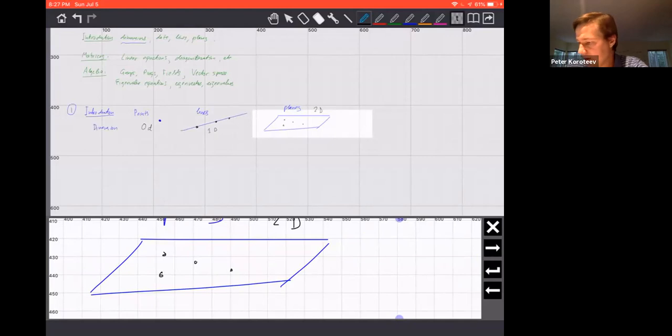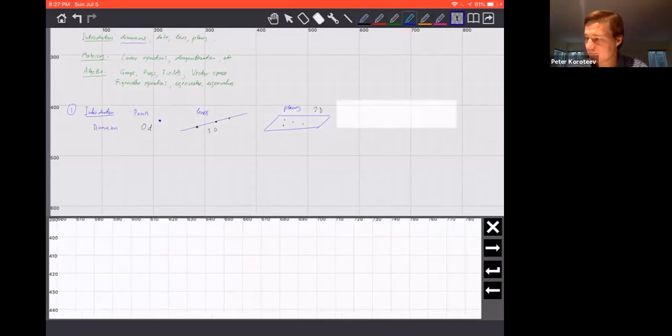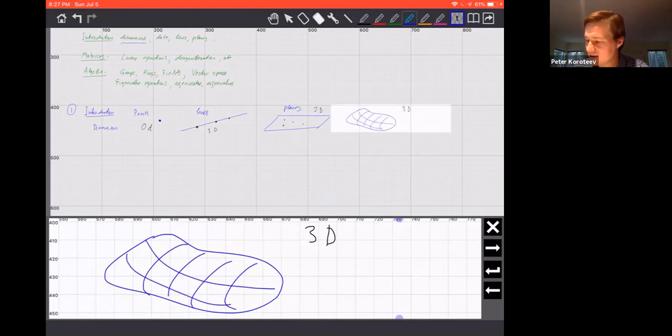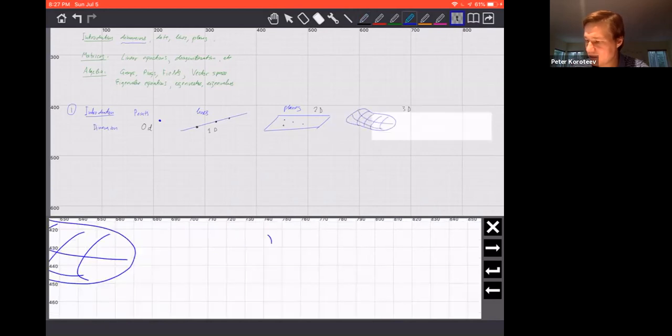So how would you suggest to describe what a dimension is? Say you have a space, you have some object. How would you know how many dimensions there are? And of course, if you go further to 3 dimensions, you have 3D objects, like some peanut, which is filled, or maybe a ball.